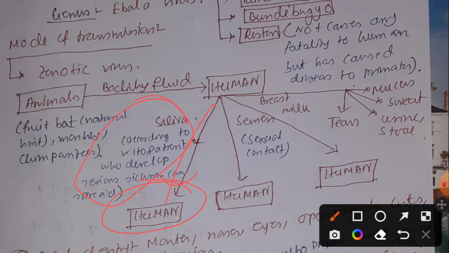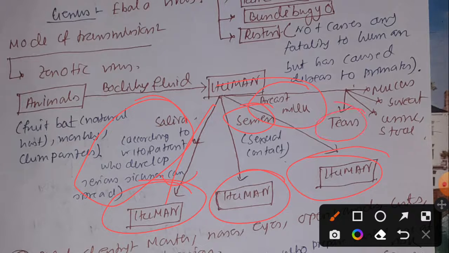Okay, and a human can also transfer Ebola virus to another human via semen through sexual contact. Human breast milk can also contain Ebola virus, so it can be transferred to children via the mother also.